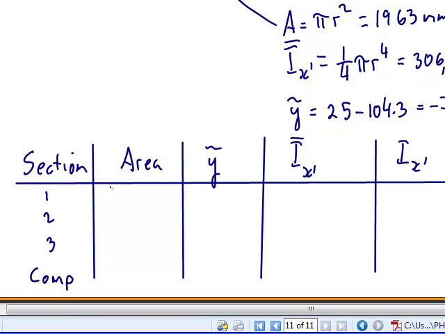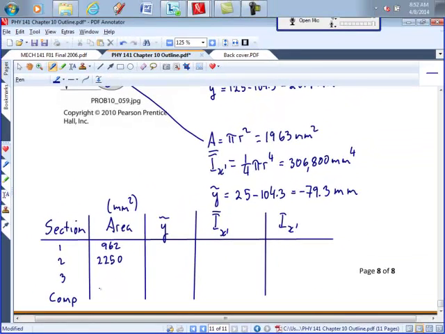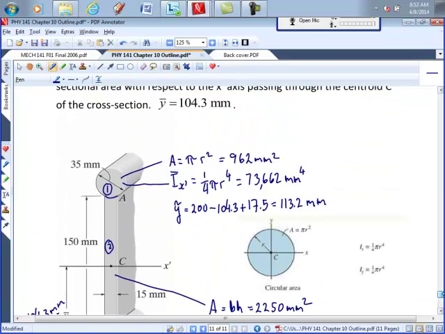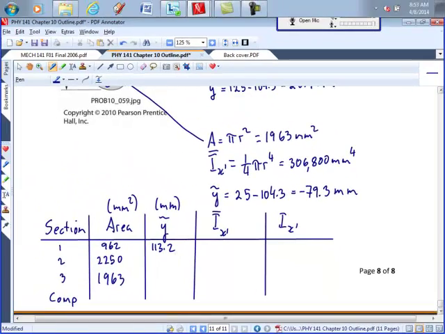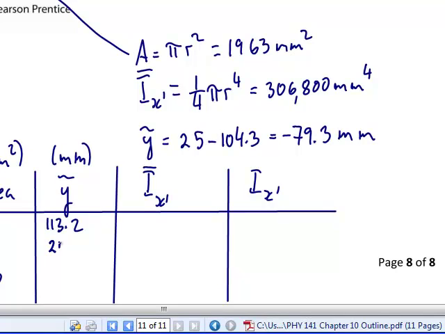Okay, so section 1 had an area of 962. Area 2 had an area of 2,250. Area 3 was 1,963. Y tilde for area 1 was 113.2. Area 2 was 20.7. And for area 3 was negative 79.3.